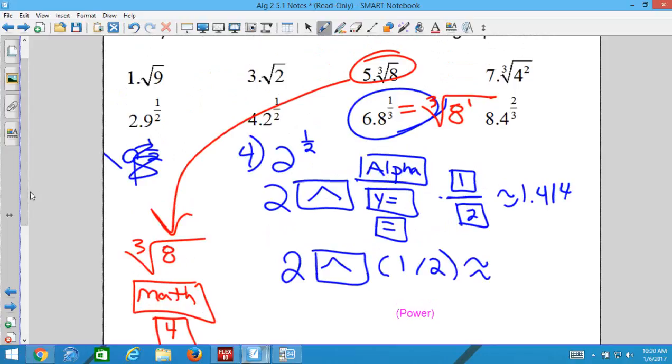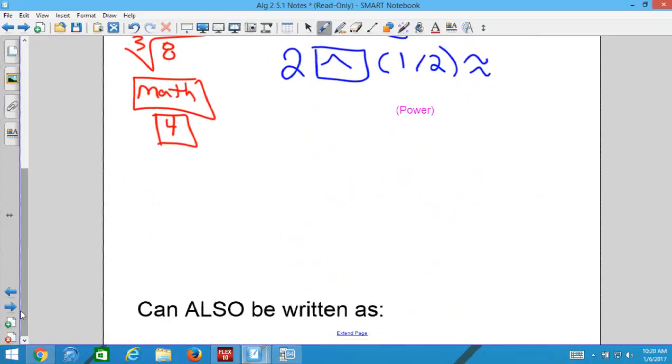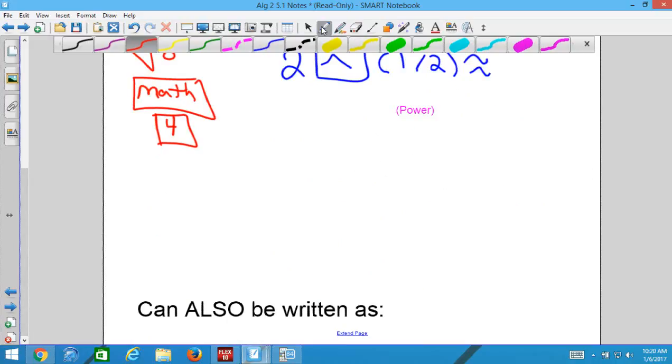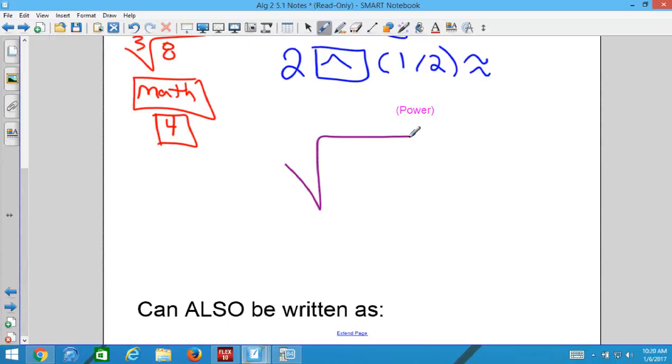Okay. How about number 7, the cube root of 4 squared. I'm going to put up an example that you did not do yesterday if you've already done these. If you've already done those, then you can try that one.